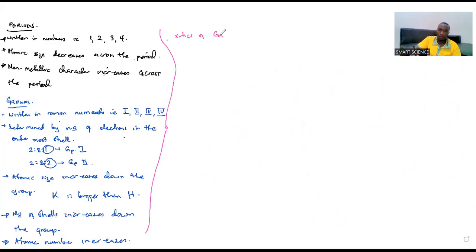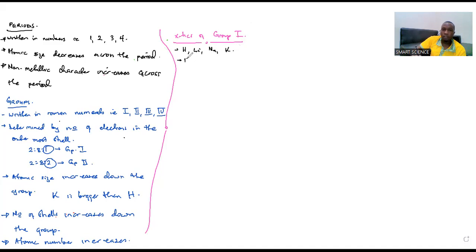Characteristics of group 1 elements. Remember that these elements have been hydrogen, we've been having lithium, there is sodium and potassium.